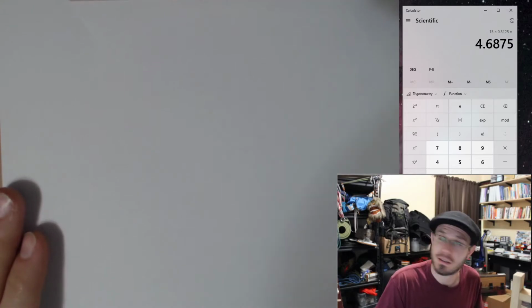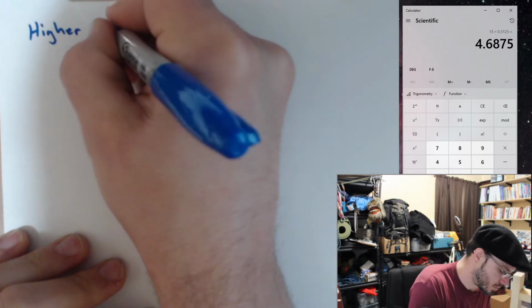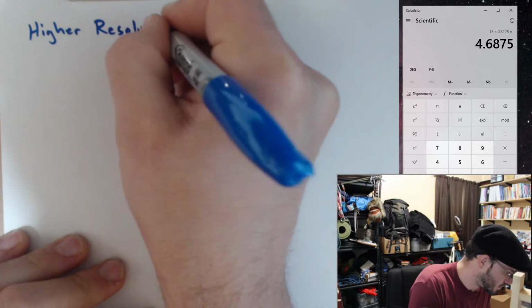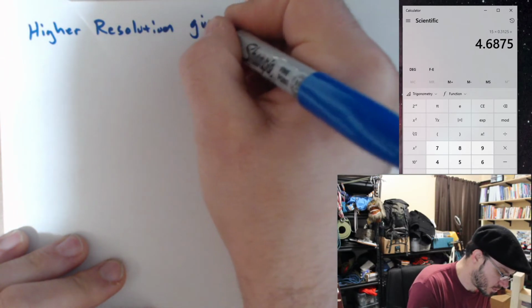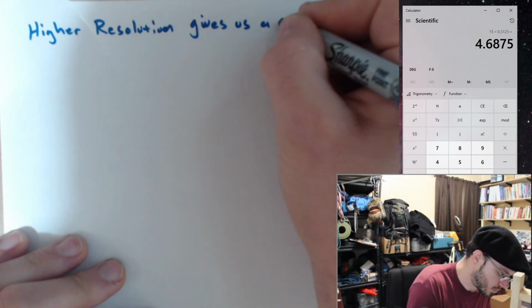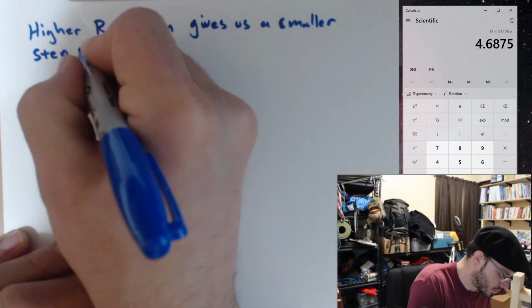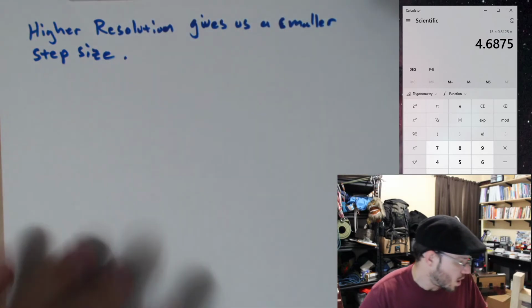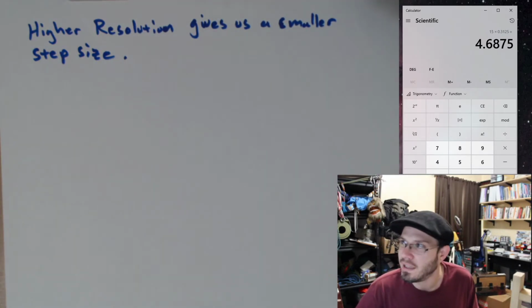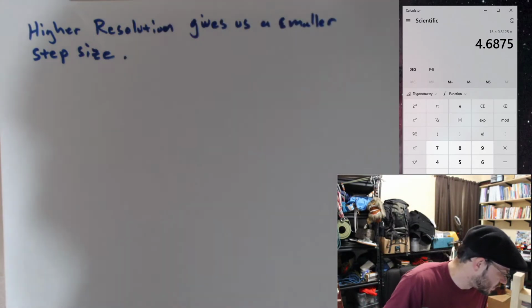So higher resolution gives us a smaller step size. Or in other words, a change of one least significant bit produces a smaller change of V out.